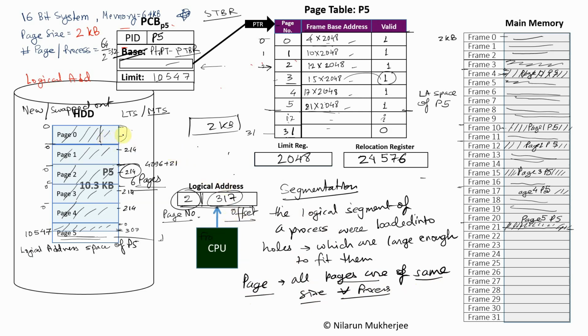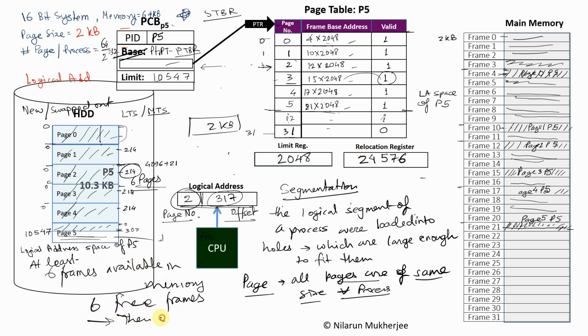So whenever a process is broken into pages, in simple paging we have to have at least 6 frames available in memory, that is 6 free frames, then only we can load P5.